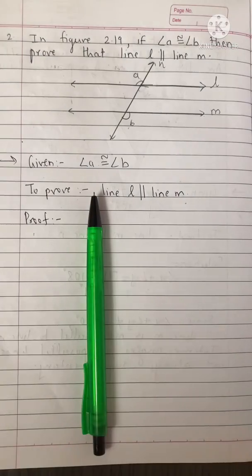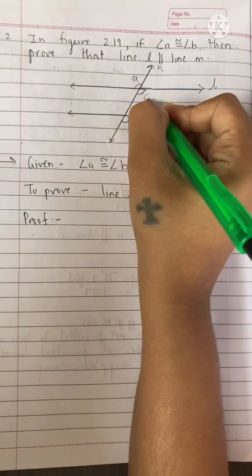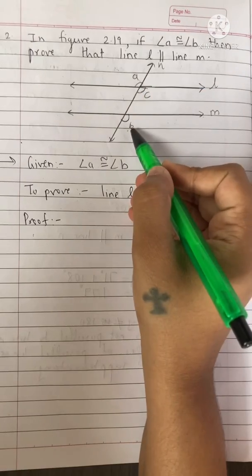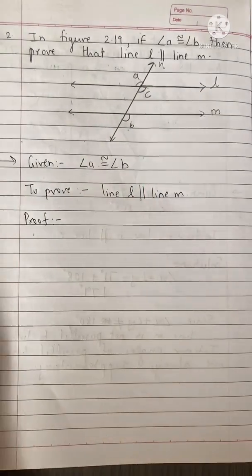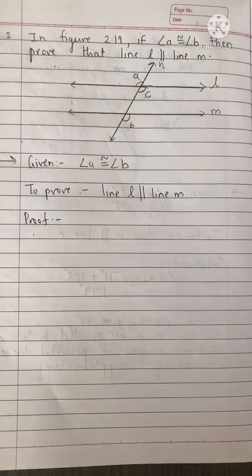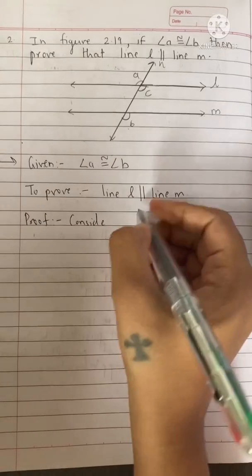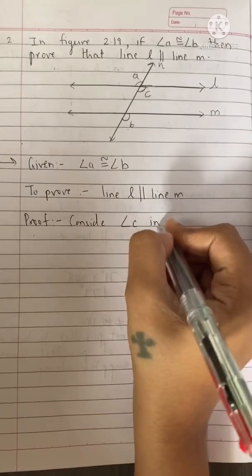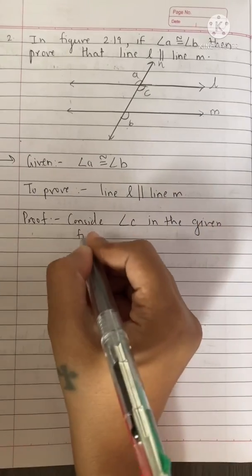Okay. So first thing what I am going to do is, I am going to consider an angle over here. And this angle, we'll name it as angle C, because we already have angle A and angle B. So I'll give this angle the name angle C. So in the proof also you have to write down, consider angle C in the given figure.